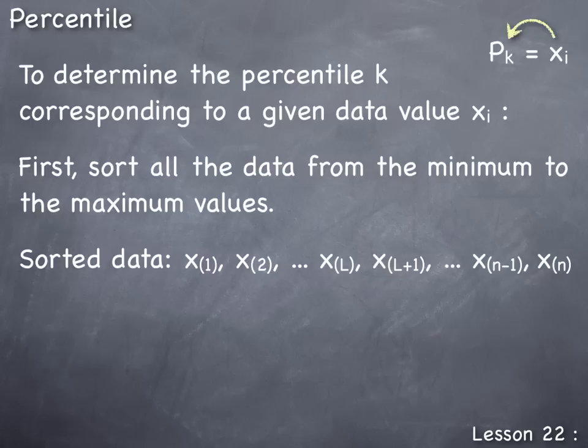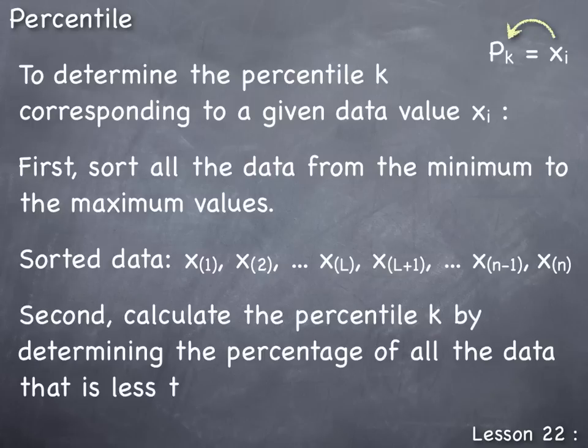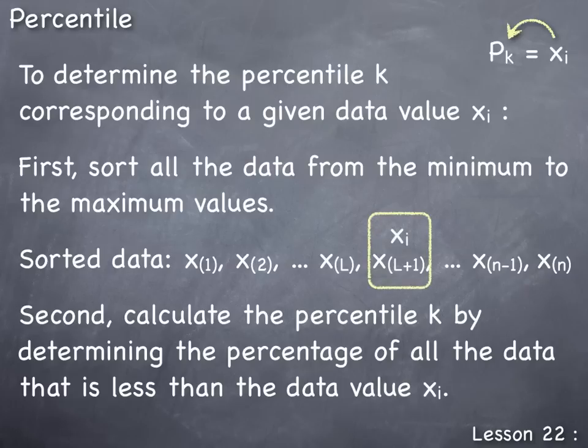So now that we've sorted all the data from the minimum to the maximum data values, the second thing we need to do is calculate the percentile k by determining the percentage of all the data that is less than the data value x sub i. Let's say the particular data value we're finding the percentile for, x sub i, is located in the x sub l plus 1 position in the sorted list of data.